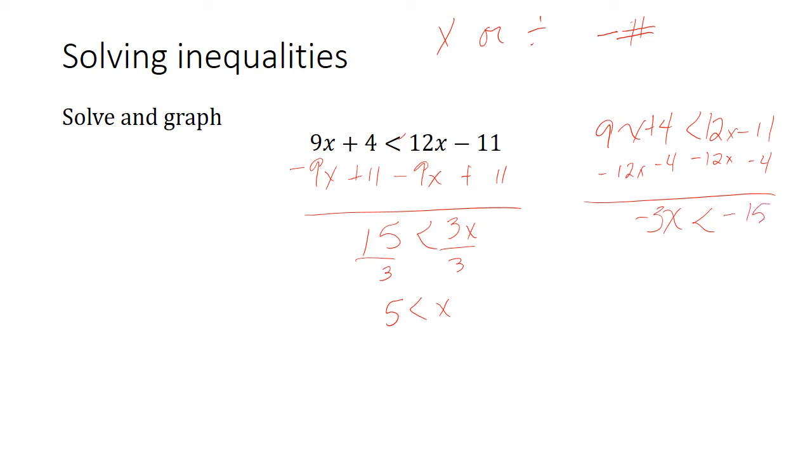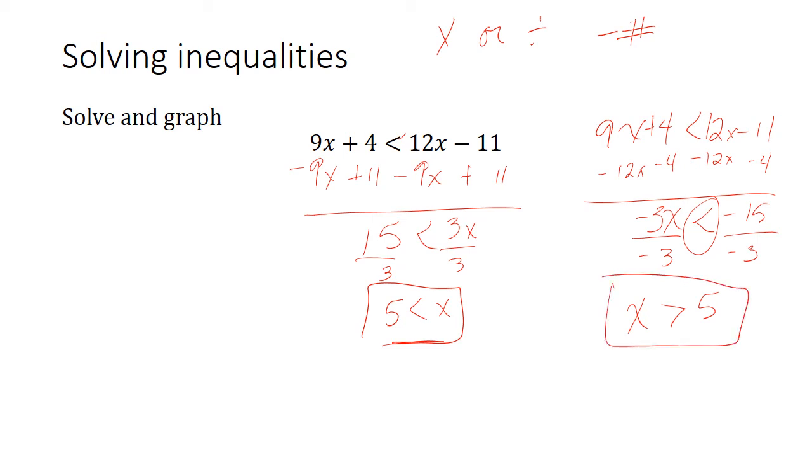So that when I divide by negative 3, because I have a negative, I'm going to flip that. I would have x is greater than 5. These say the same thing. They're just in opposite orders. What's important is that 5 is less than x and x is greater than 5 are the same statement. So just make sure that if you're dividing by a negative number that you flip that inequality sign.